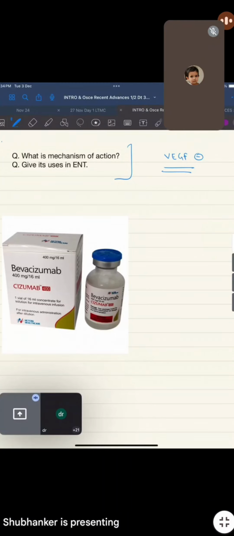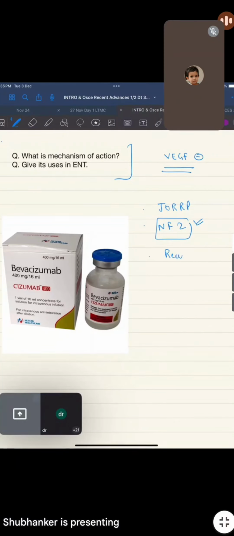And can somebody help me? What are the uses in ENT? एक answer मैंने बोला, एक answer please answer from your side. Anybody? Juvenile recurrent respiratory papillomatosis, JORRP. Good. Anybody else? कोई और? NF2. ठीक है? We studied NF2 just now, so don't forget NF2.